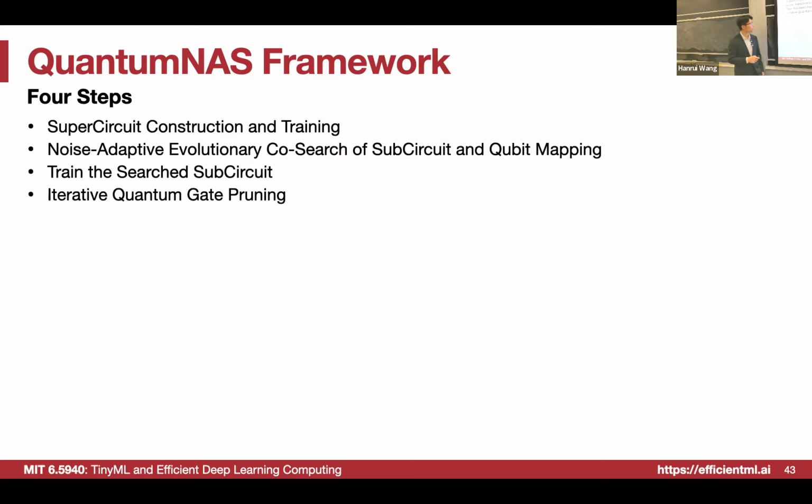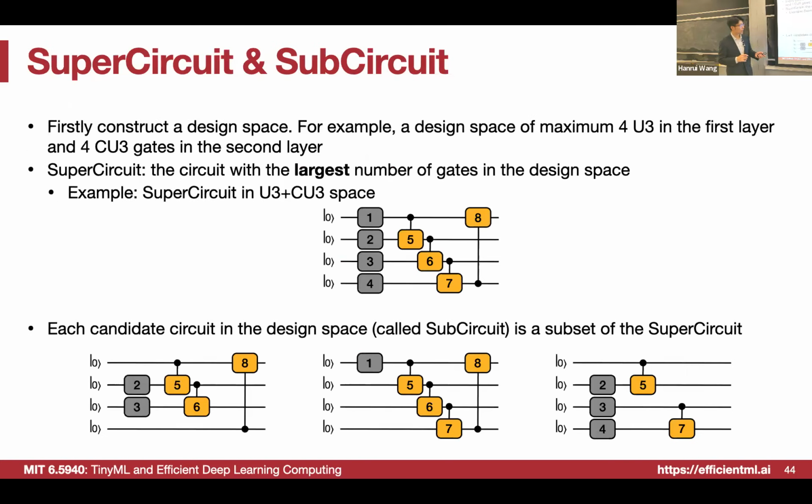For the first process, parameter sharing, we are using a circuit called a super circuit. Say you have a large design space; here we give a simple example. I want to have the choice to select an arbitrary subset in this design space, because you can always construct a design space large enough to encompass all the possible gates in the structure.